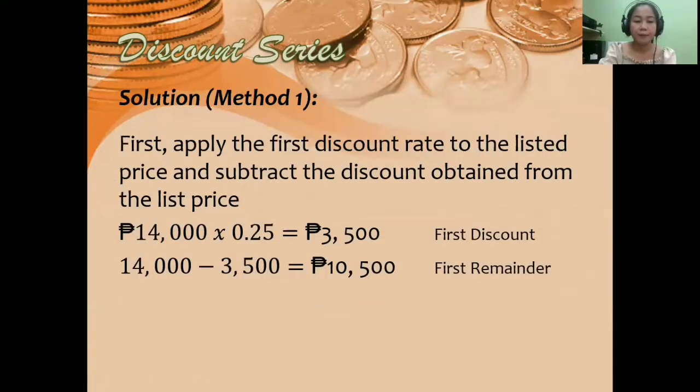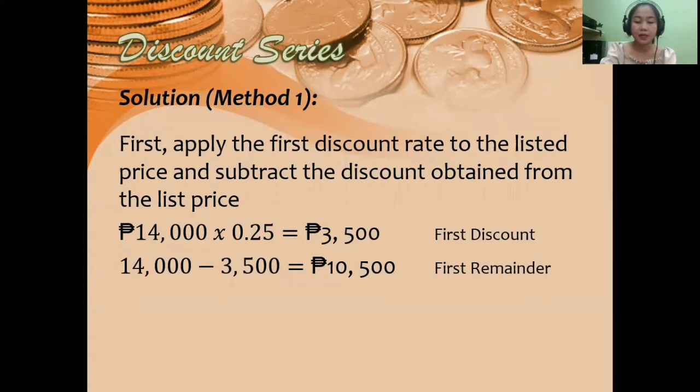Using the first method, let us start. First step: apply the first discount rate to the list price and subtract the discount obtained from the list price. In the first step, we will try to get the first discount. How to get the first discount? Of course, we will multiply our rate to our list price, that is, we are looking for the percentage, so that is base times the rate.